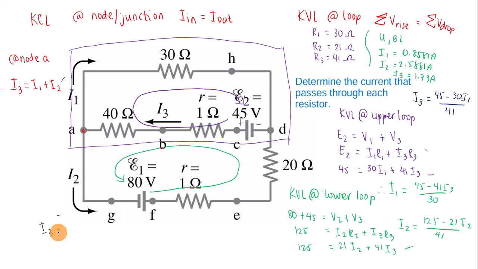I3 equals I1 plus I2. Then we can get value of I3. So plugging in our calculators to get the value of I3, where I3 is our unknown value.